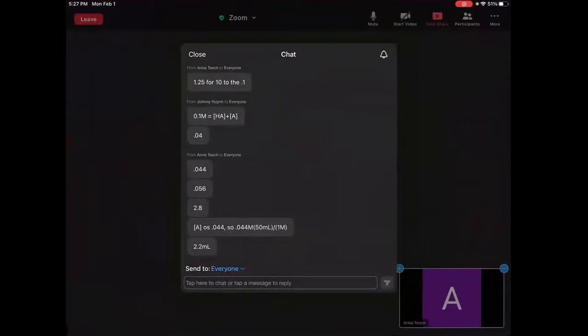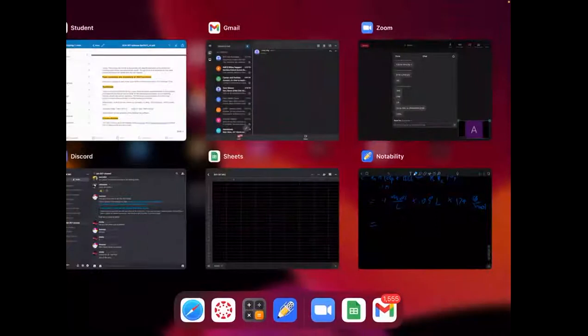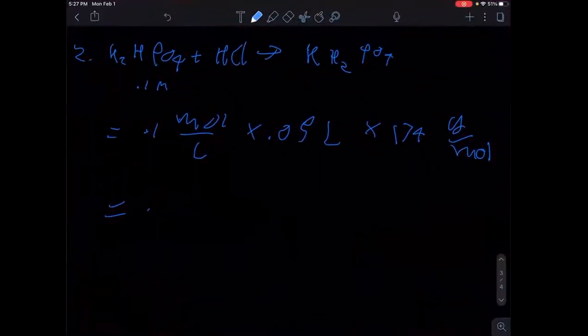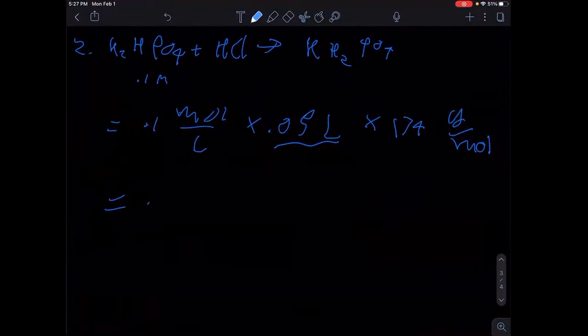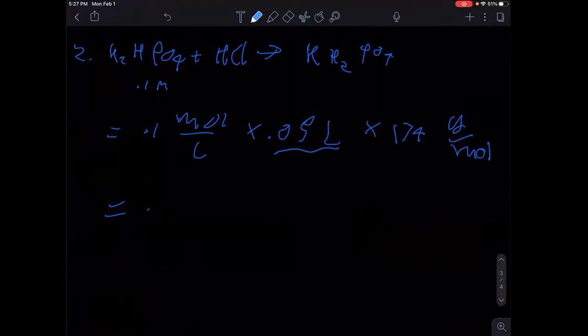Why did you do 0.05 instead of 0.1 liter in that equation? Oh, I did that because it's 50 milliliters for the solution, so it's 0.05 liters here. Yes, that's correct. Right, okay, I'm having a hard time doing this in my head.